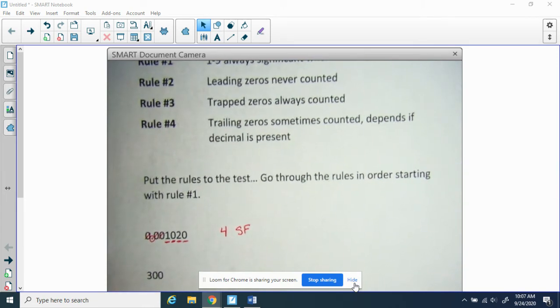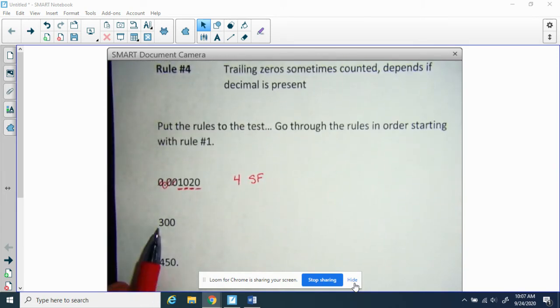Let's go on to another example. We have the number 300. Rule number 1 says I again look for the 1 through 9 number. Those are always significant. So here if I read left to right, I see a 1 through 9 number. I then go to rule number 2, which talks about leading zeros. Are there any zeros in front? I don't see any, so I don't have to worry about those. I move on to rule number 3, which talks about trap zeros.